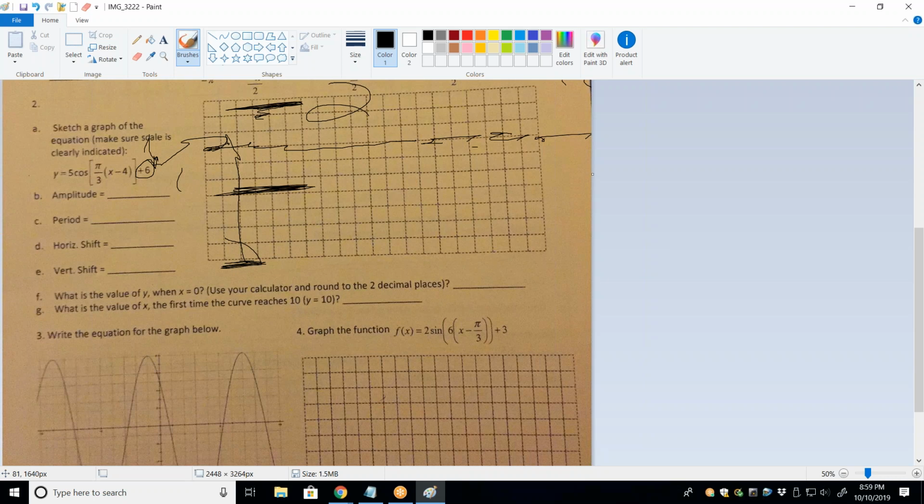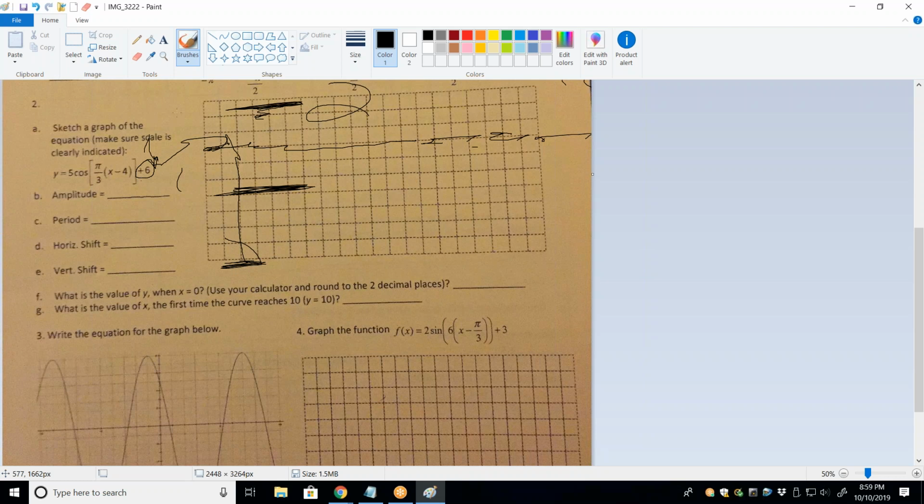Let's do the phase shift next. -4. What does that do to my starting point? Well, it moves it to the right by 4 units.